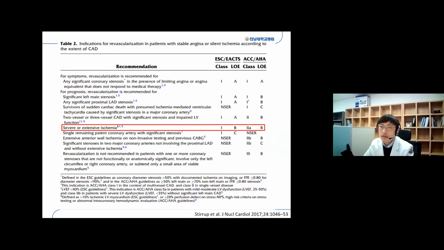However, this recommendation is not based on a randomized clinical trial. So the level of evidence is only B, which means that it can be considered for revascularization. So it is not as strong as the invasive FFR measurement when we use SPECT or PET for the decision of revascularization.